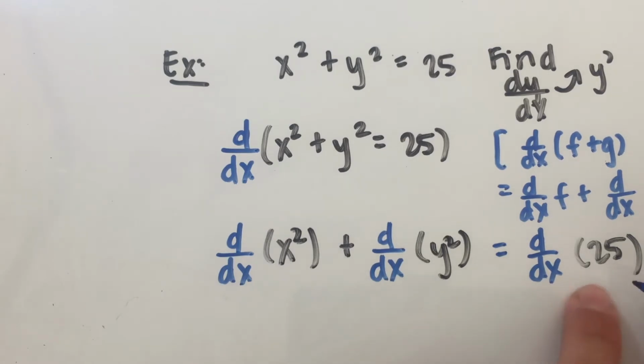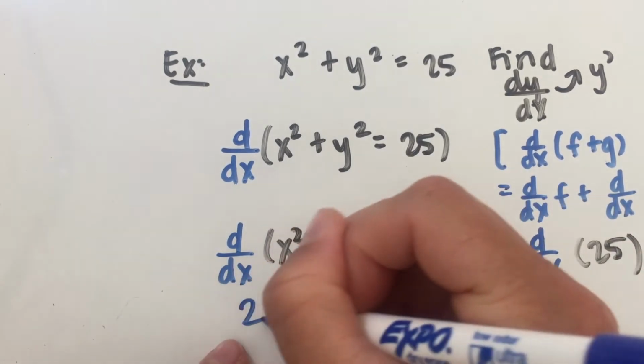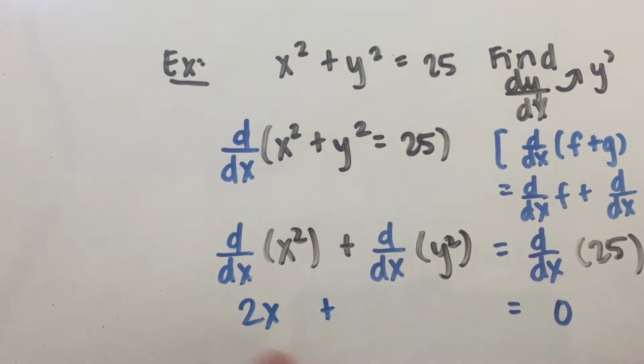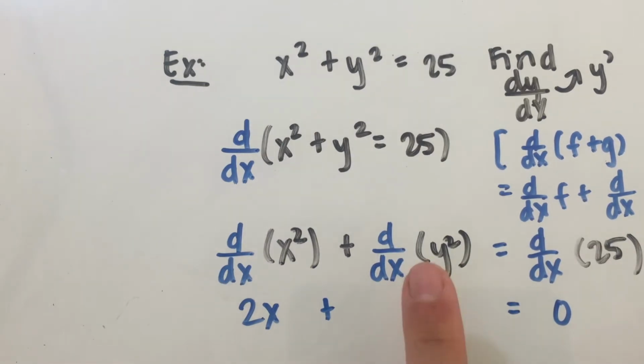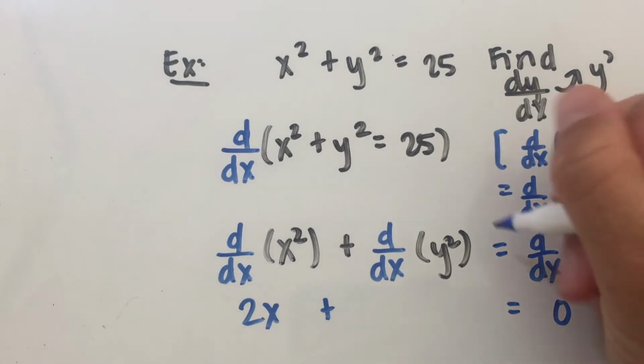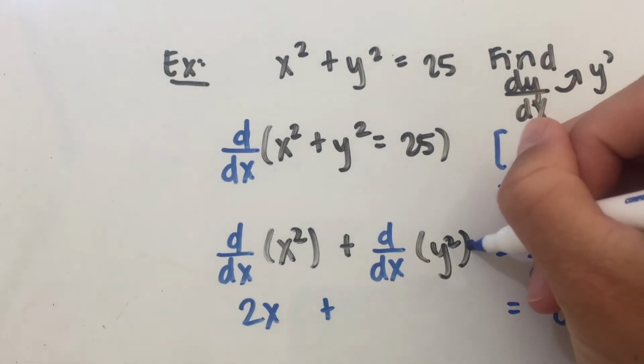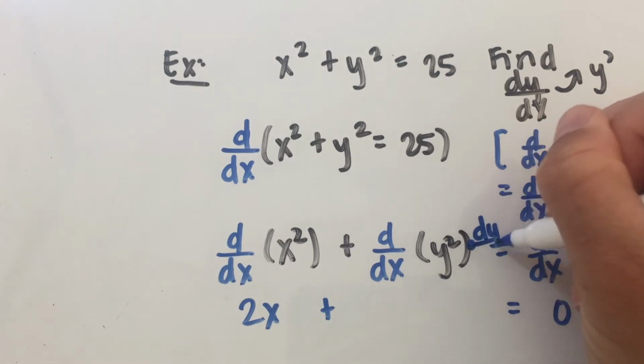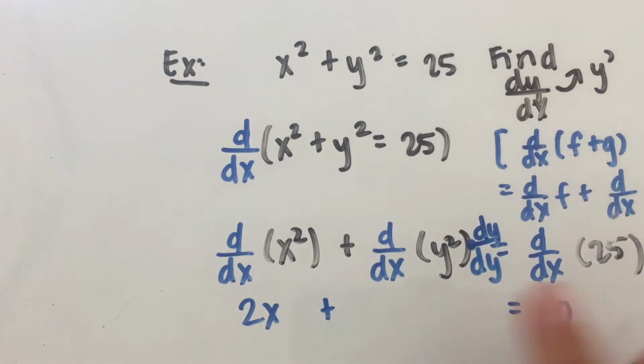We know that the derivative of a constant is going to be 0, and the derivative with respect to x of x squared will be 2x. But now here we have the derivative with respect to x, but we have a y term. So we can't do anything here yet, so instead we'll multiply by dy over dy. And we can cross multiply the dy and dx here.